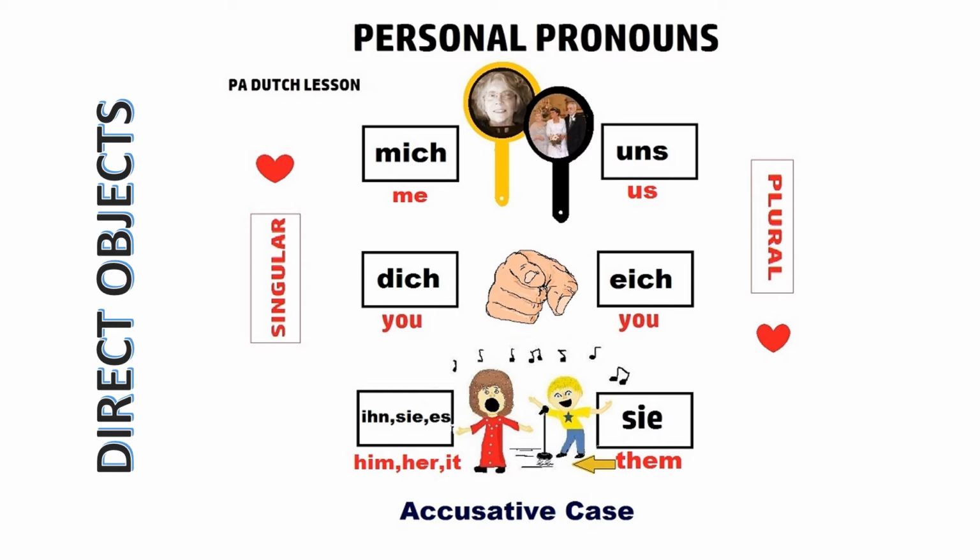Then the next third person singular is in the feminine, and that would be her. And we say that as sie. I'll give you some sentences here. We'll start first with an introductory sentence. Sie hat einen guten Mann. She has a good man.